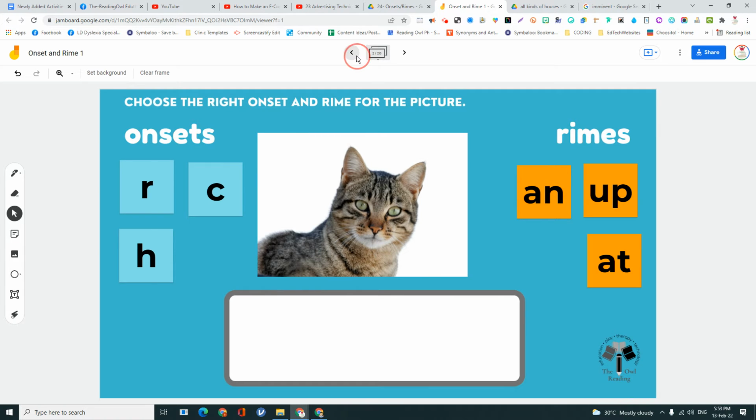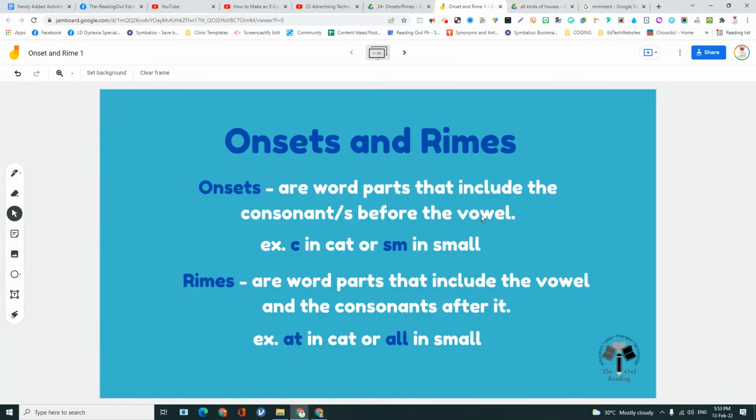So onsets are word parts that include the first sound, the consonants before the vowel. It could be a single letter, a single sound, or a letter combination, an initial blend. Rhymes naman are word parts that include the vowel and the rest of the consonants after it. So, for example, at and cat.